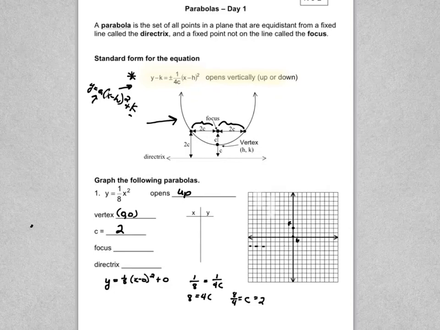That's a line, so you'll mark that under the vertex. And this is your directrix here.